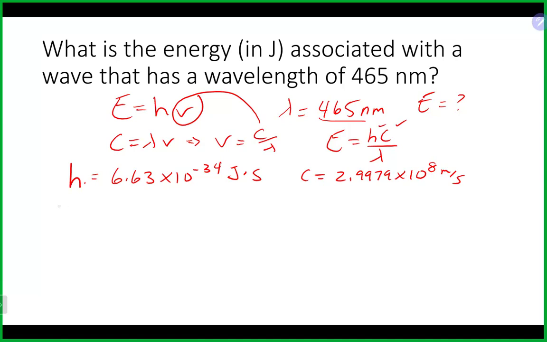Our nano is the same one that we just used, 1 nanometer is 10 to the minus 9 meters. So 465 nanometers: we go 1 nanometer on the bottom, 10 to the minus 9 meters up on top. The nanometers cancel, and we end up with 465 times 10 to the minus 9.